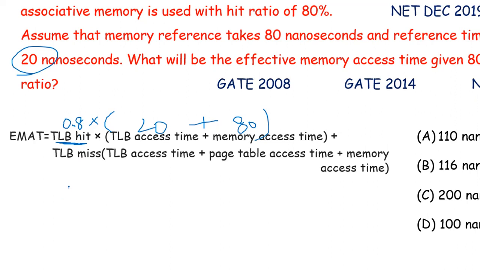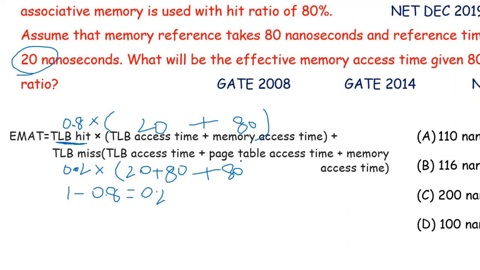We are given 80% hit ratio, so miss ratio will be 1 minus hit ratio, that is 1 minus 0.8, 0.2. So we put 0.2 as TLB miss ratio into TLB access time, that is 20, plus page table access time 80 nanoseconds, same as memory access time, plus memory access time, that is again 80.